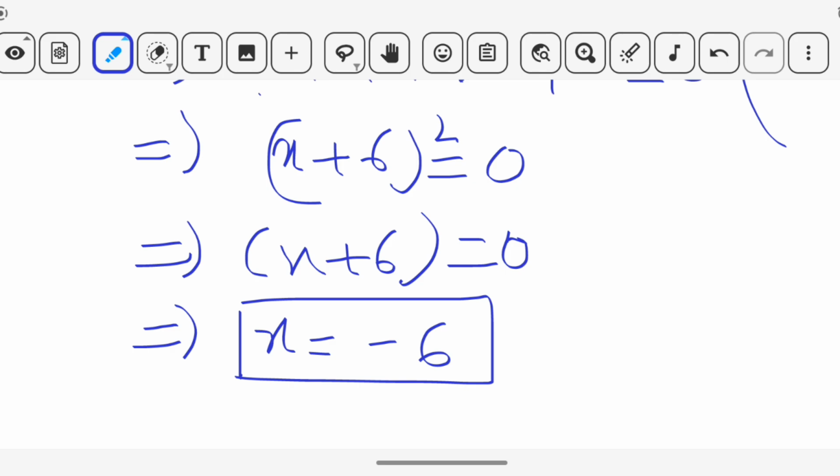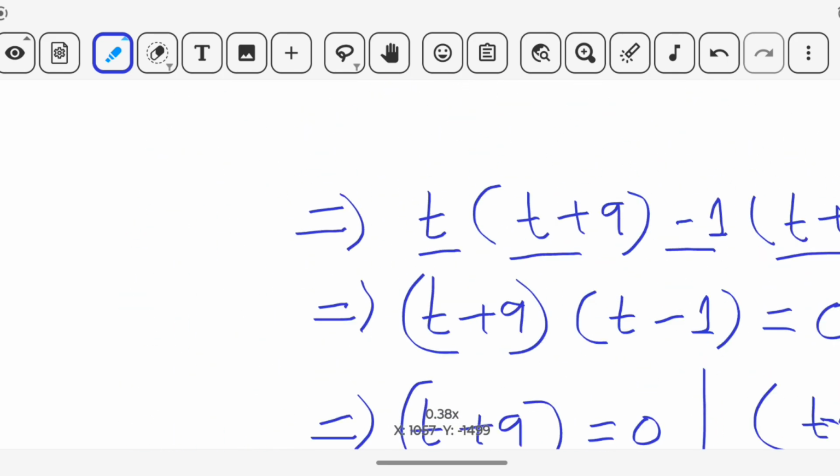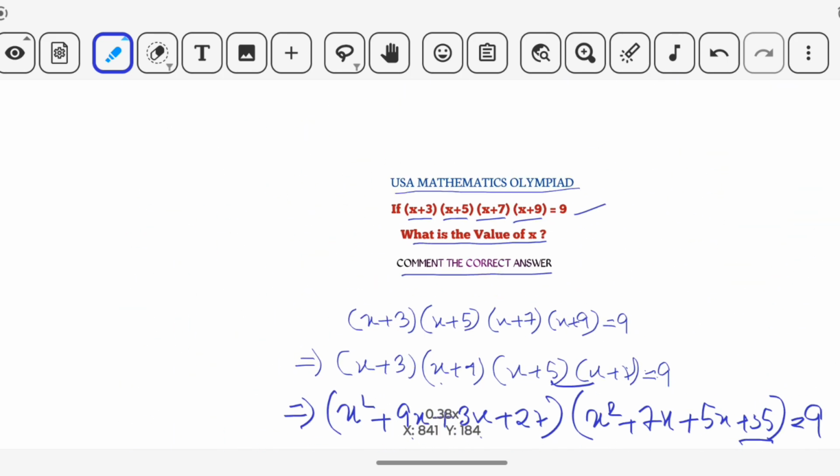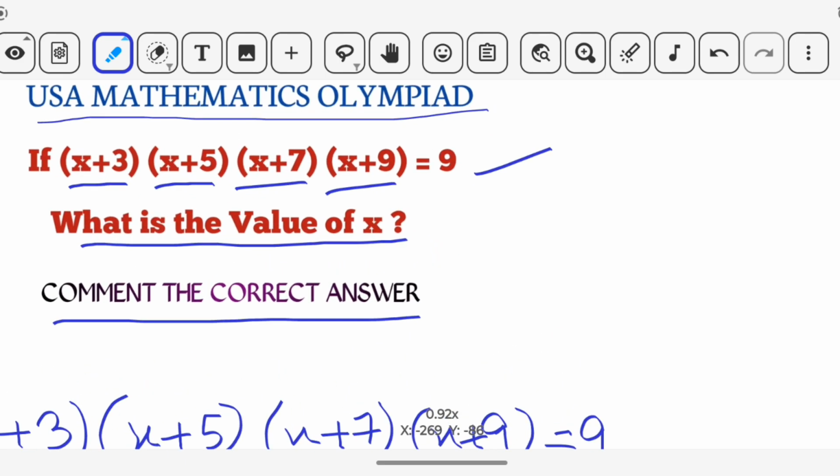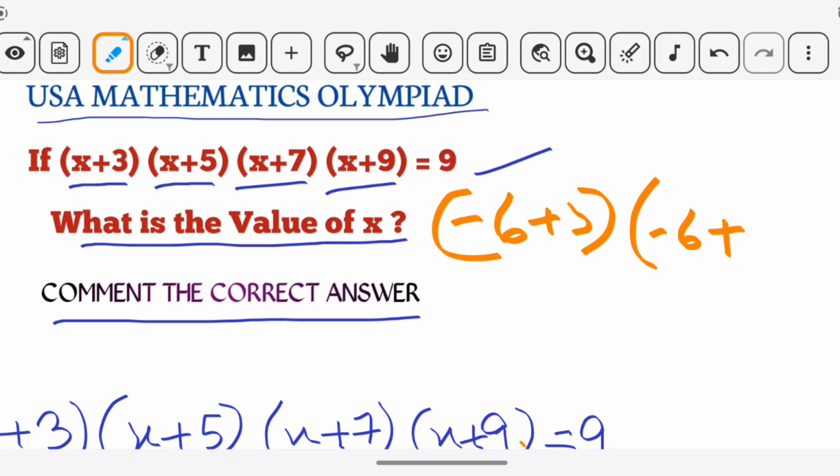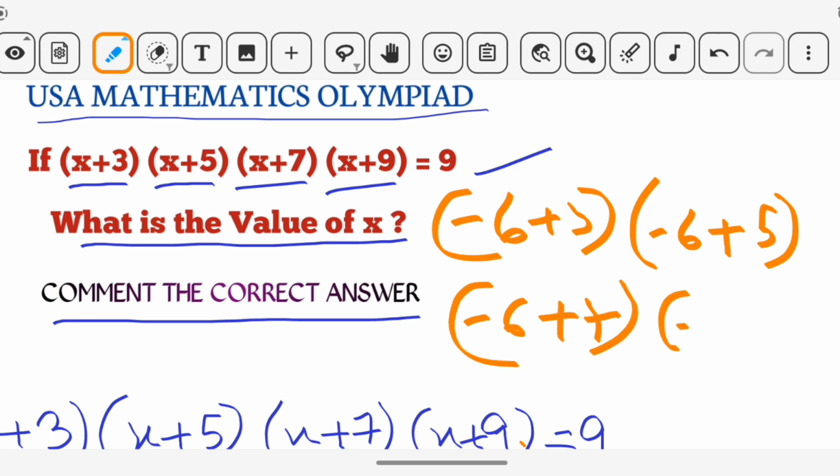So let's check the formula. We have got x equals minus 6, so let's put it here. Minus 6 plus 3 multiplied by minus 6 plus 5, multiplied by minus 6 plus 7, multiplied by minus 6 plus 9.